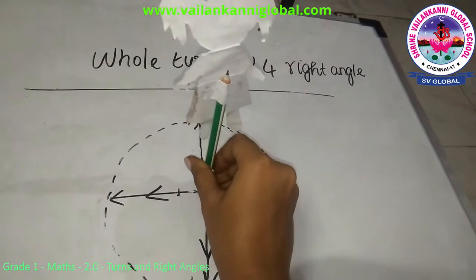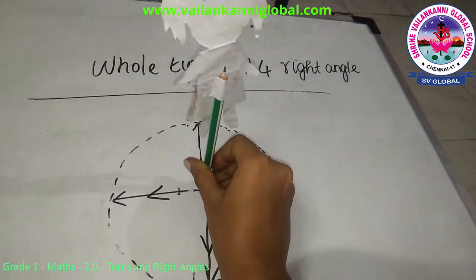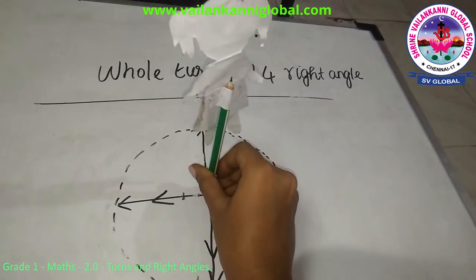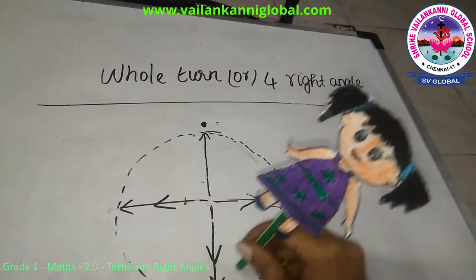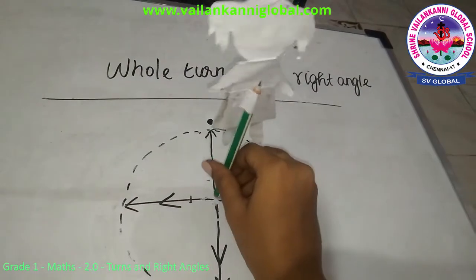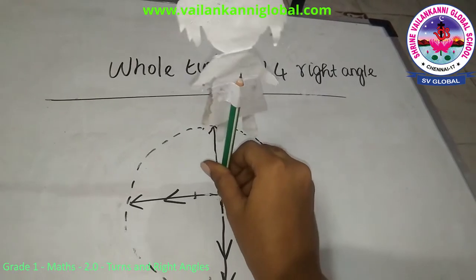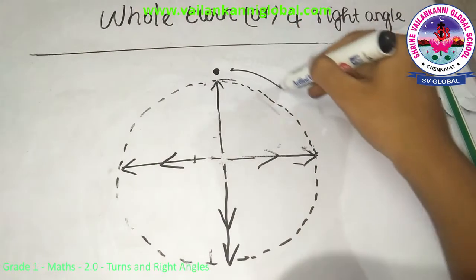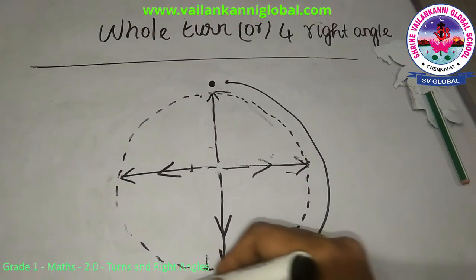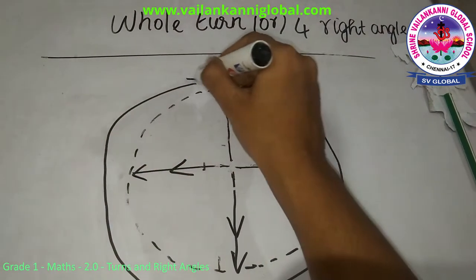And when she comes to a 4 right angle turn, she will face the same direction. So she has made a whole turn. She has circled the whole round and she is facing now the same direction. Okay. So she has made a whole complete turn and she is again facing the same direction.